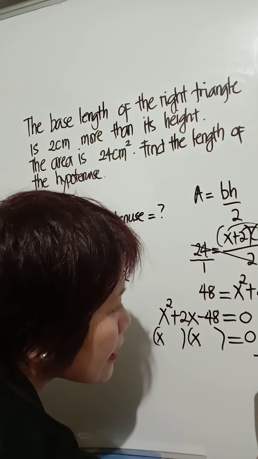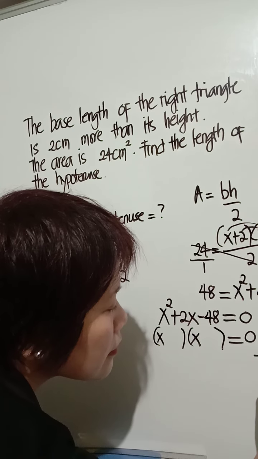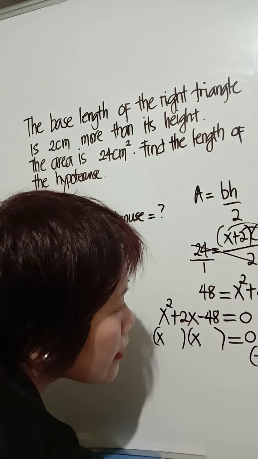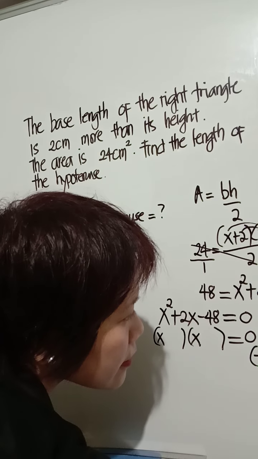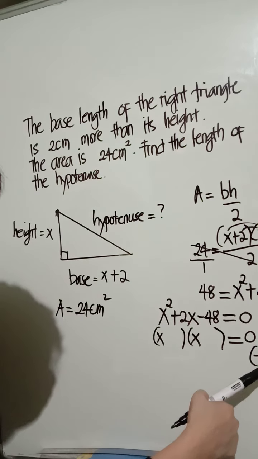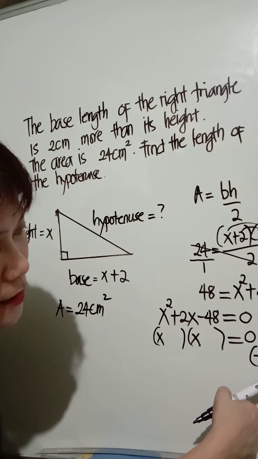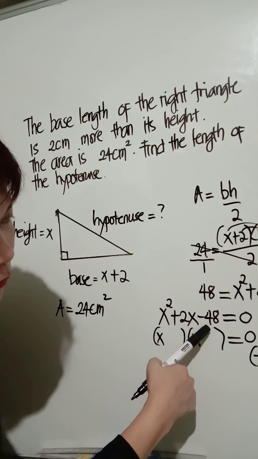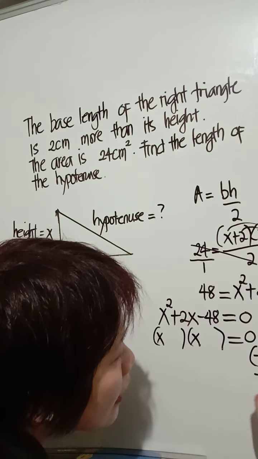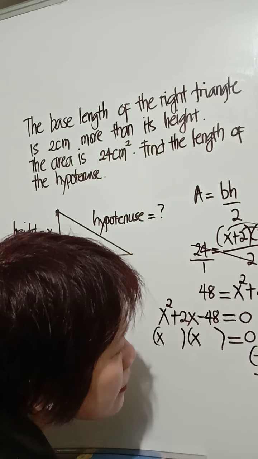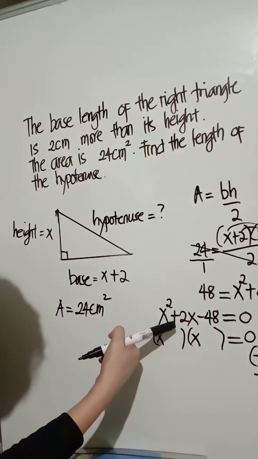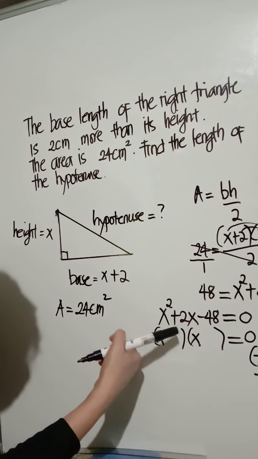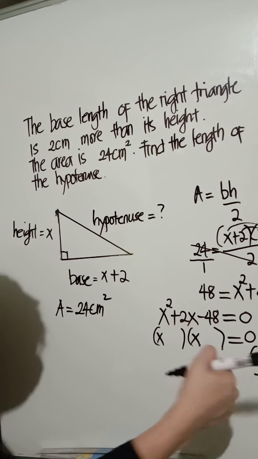Negative 8 times, let's say positive 6. Negative 8 times 6 gives negative 48. And then adding negative 8 and positive 6 will give us negative 2, which is not the same as that one. So, let us not use these factors.